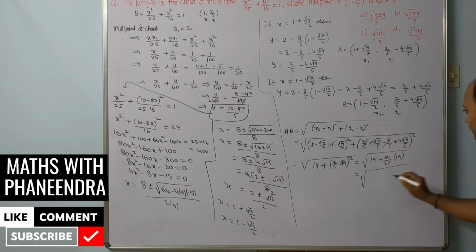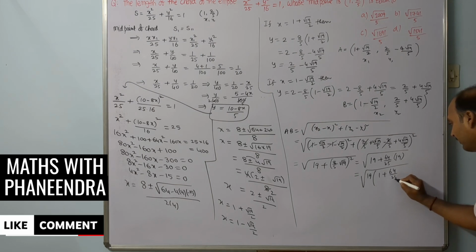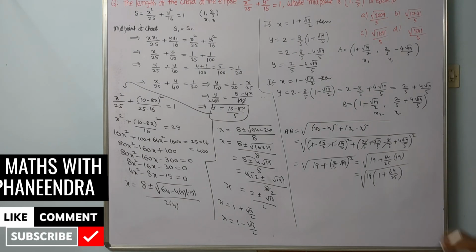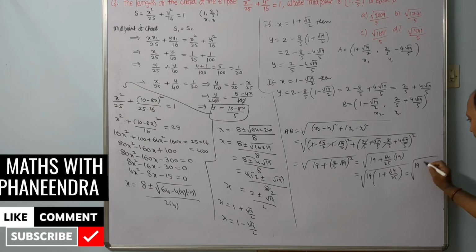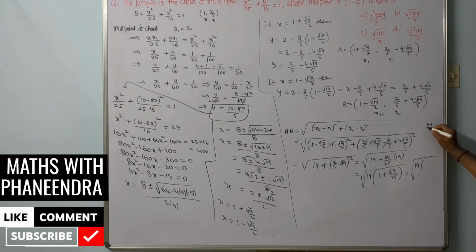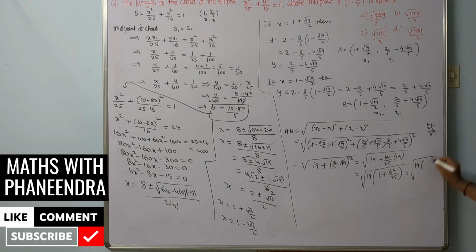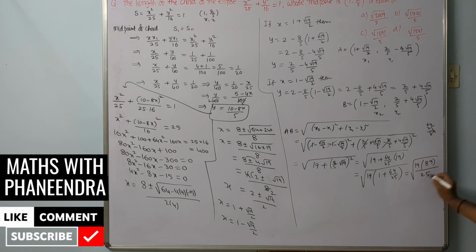So root over 19, take out common: 1 plus 64 by 25 will come. That is equal to root over 19 into (25 plus 64) by 25, which is 89 divided by 25.